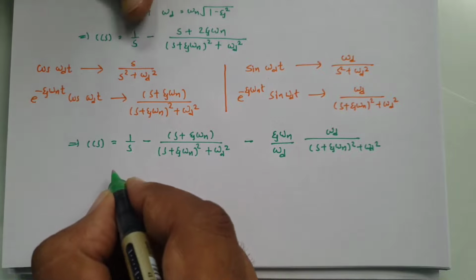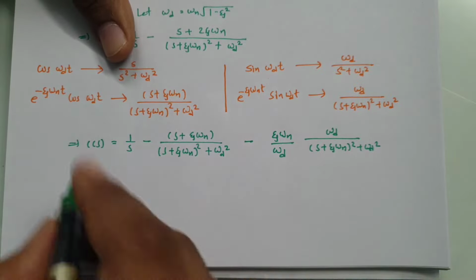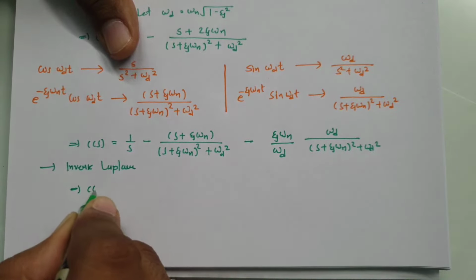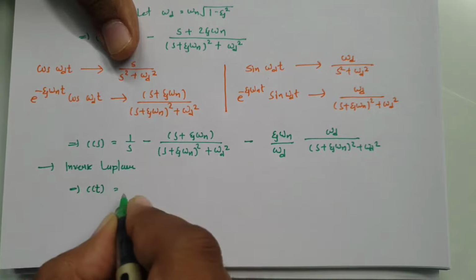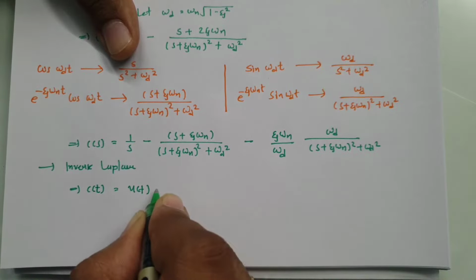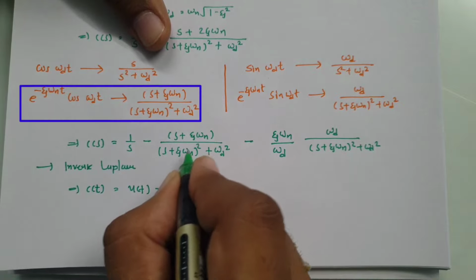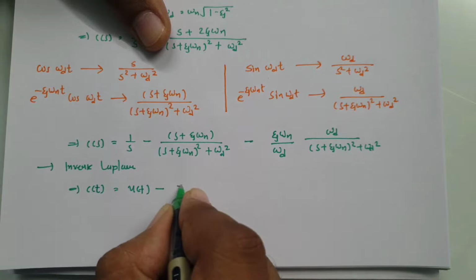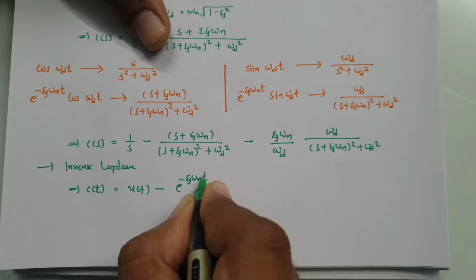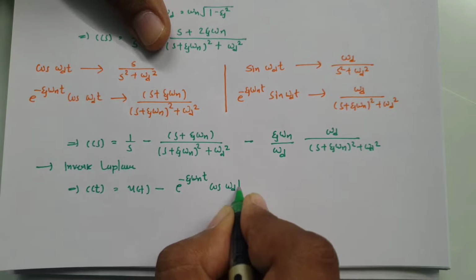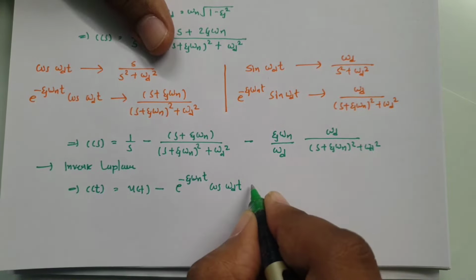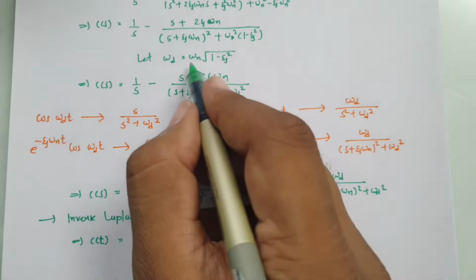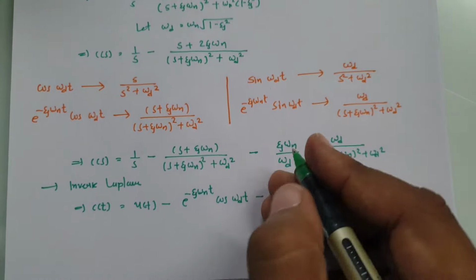Now we can have inverse Laplace of this. So let us apply inverse Laplace. So now my output c of t, and this 1 by s is u of t, minus, you see, s plus zeta omega n divided by s plus zeta omega n whole square plus omega d square. So this is e to the power minus zeta omega n t into cos of omega dt, minus, you see, this omega d that we have considered, omega d is omega n into square root of 1 minus zeta square.